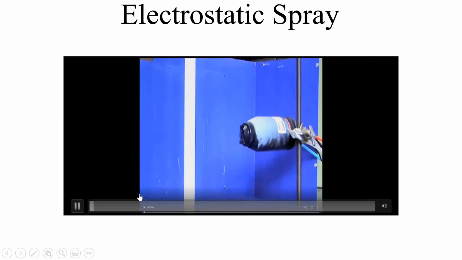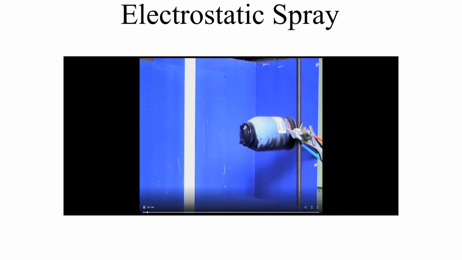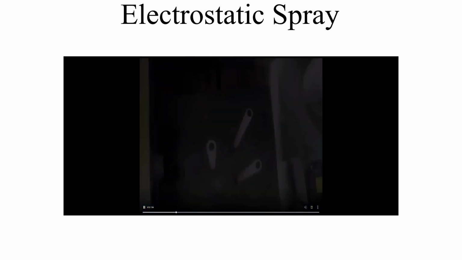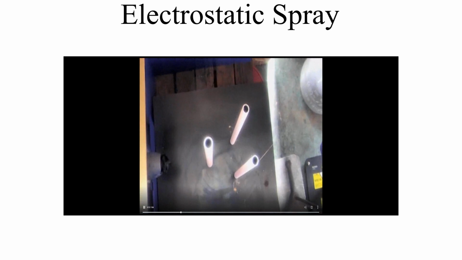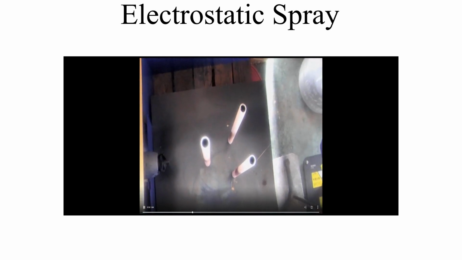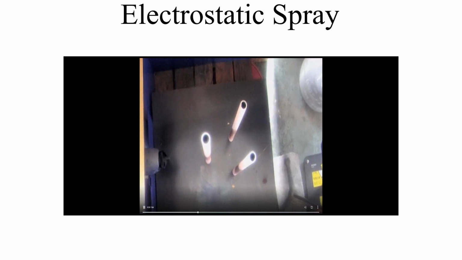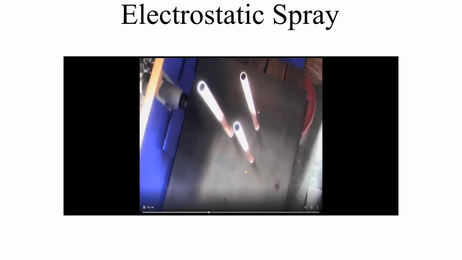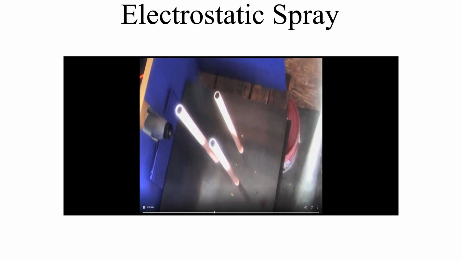Here's another quick video just to show how the spray works. So we can see that charged particle head, and you can see you're getting some wraparound effect when we're spraying it onto a negatively or positively charged, a grounded device. So we can see that being sprayed from one location on the left, and we're getting complete adhesion around the entire perimeter.